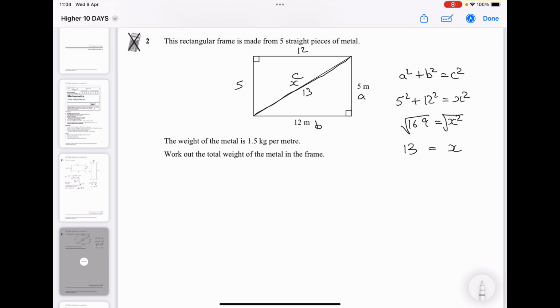So the length of frame is 5 plus 12 plus 5 plus 12 plus 13. That is 10, 24, that's 34, that's 47 metres.